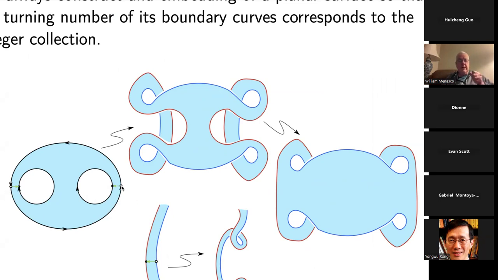All right. Now, the solid dots I'm going to associate with a plus two, and the empty dots I'm going to associate with a minus two. So you'll see that there's one solid dot on this curve right here. And right now the turning number is minus one.